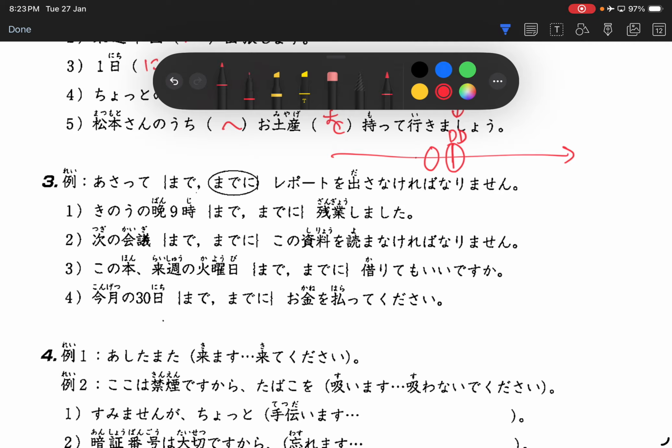That means I keep paying every day, then until the 30th, I finally stop paying. Installment plan. So までに払ってください. It depends on the verb at the back as well, as you can probably see from these examples. Is it までに or is it まで? Is it until or is it by?